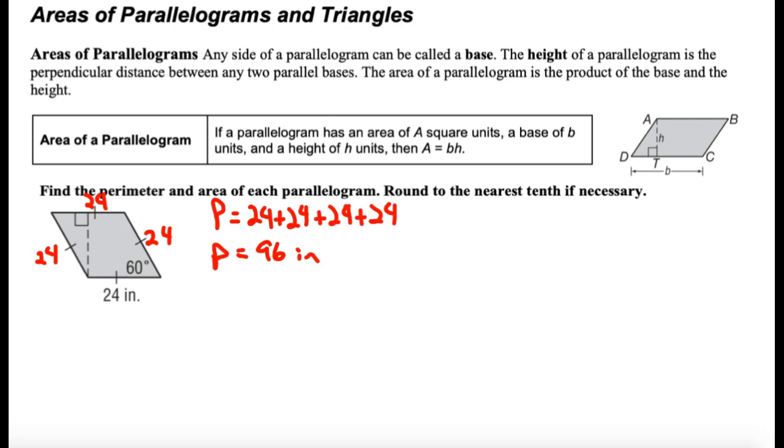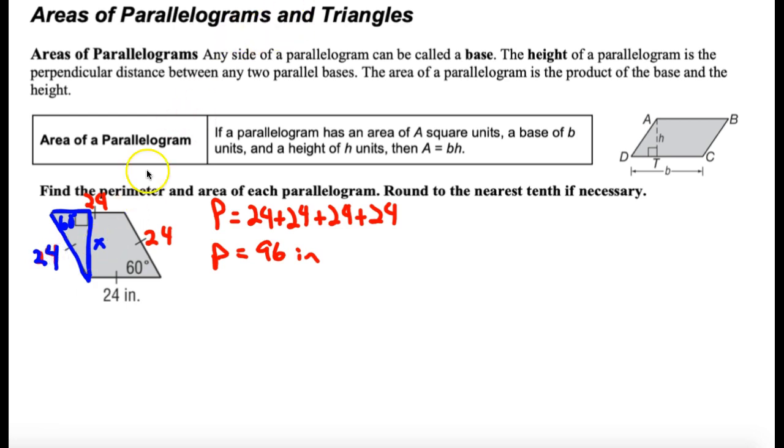Then to find the area, we need the height. We don't know the height, but just like in the last problem, we can look at this right triangle here to find the height. So if this angle is 60, this angle is 60, and then I know that the hypotenuse is 24.